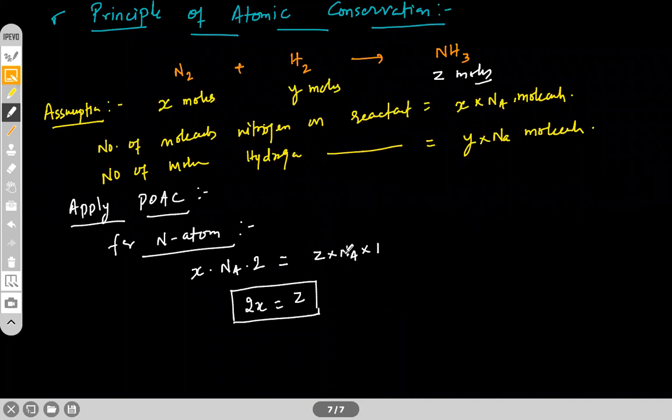It's not 2, Rubab, it is Z moles. X, Y, and Z. Like I assumed X, Y, this I have assumed is Z. Fine, so it is clear, right?